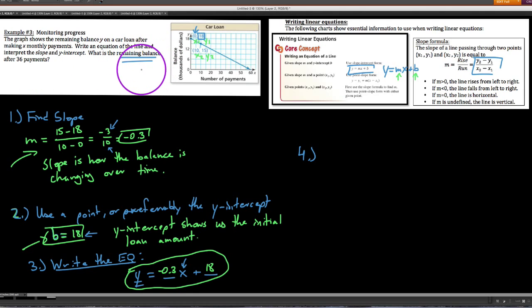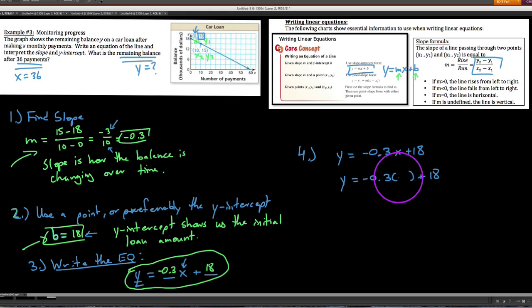Now, pointing one last thing out is this. If we're looking for remaining balance, balance is our y variable. So we're really saying y equals what if 36 payments exist, and really we're given an x value here. So we're going to substitute this into our equation here. If our equation is negative 3/10 x plus 18, let's go ahead and do this substitution. We get negative 0.3 times blank plus 18, where we're putting in 36.